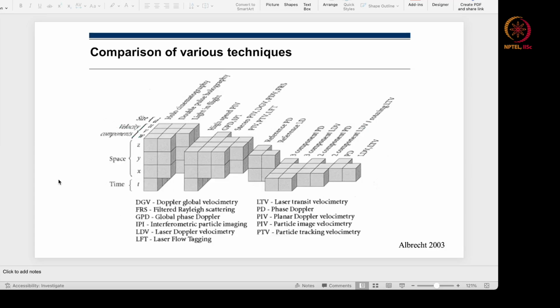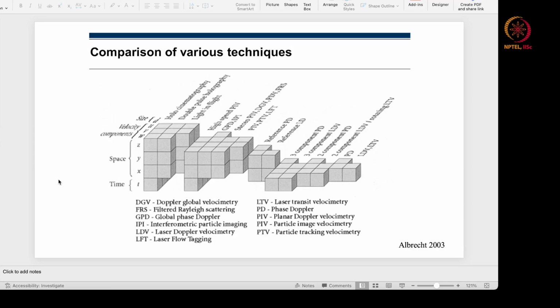So there are various comparisons, the kind of resolutions that you can get. You have Doppler global velocimetry, filtered Rayleigh scattering, global phase Doppler velocimetry, interferometric particle imaging, and LDV, of course, which we are going to cover here, then laser flow tagging, laser transit velocity, phase Doppler, planar Doppler velocimetry, particle image velocimetry, and particle tracking velocimetry.